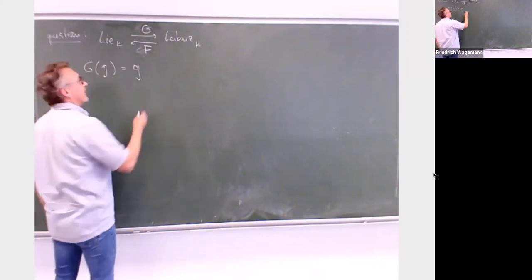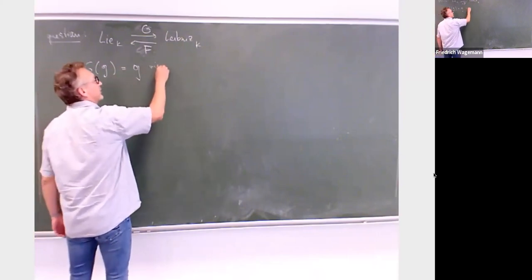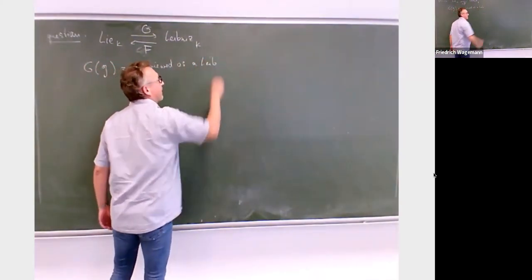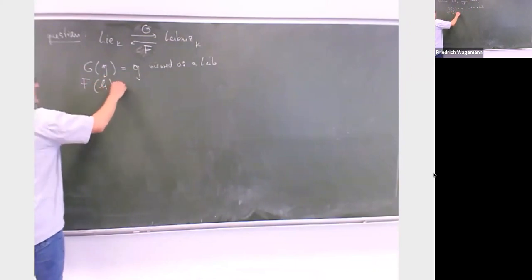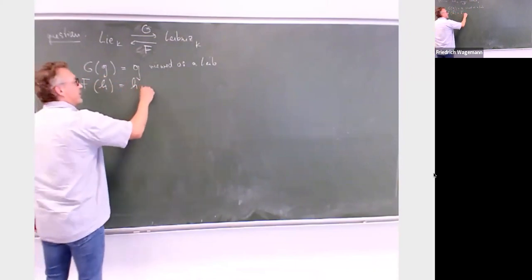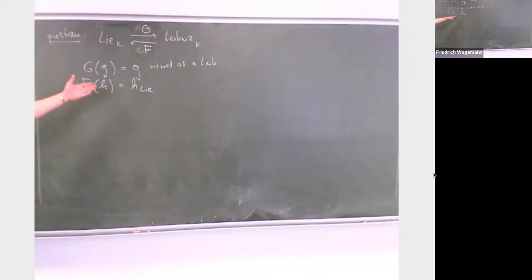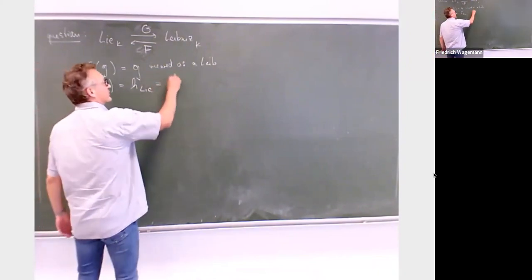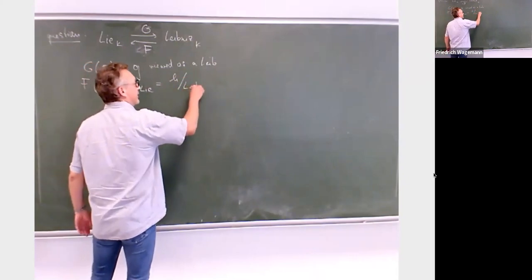So the functor G takes a Lie algebra and sends it to itself, viewed as a Leibniz algebra. And the functor F takes a Leibniz algebra and takes its canonically associated Lie algebra, which is H divided by the Leibniz ideal of H.